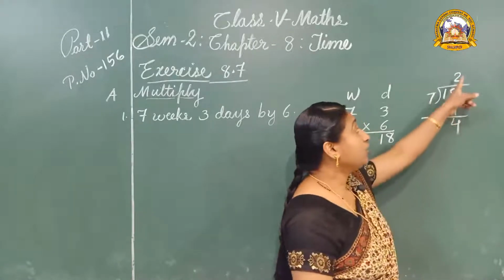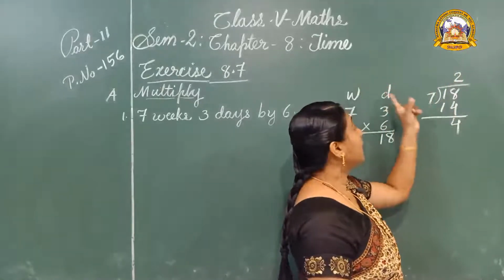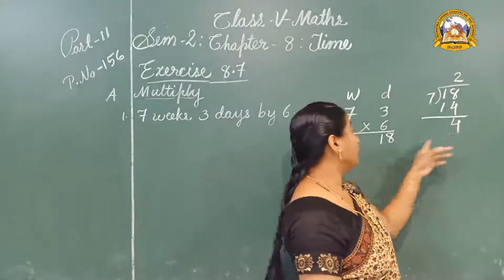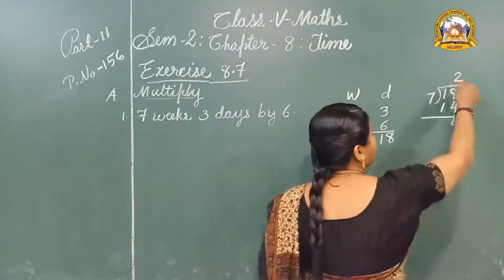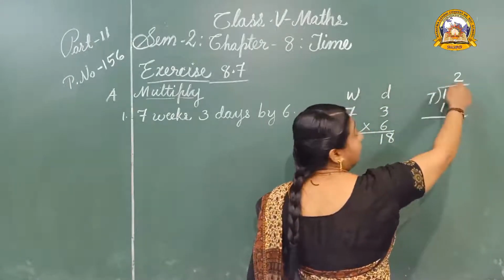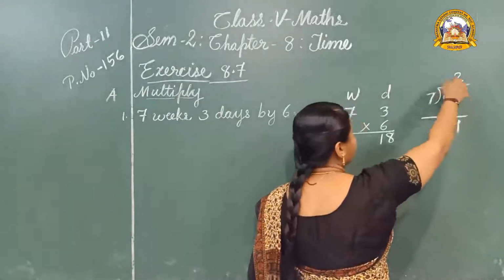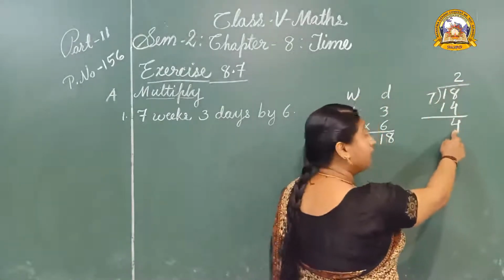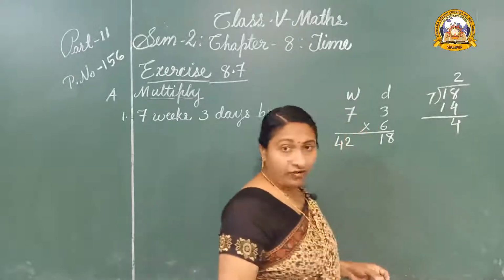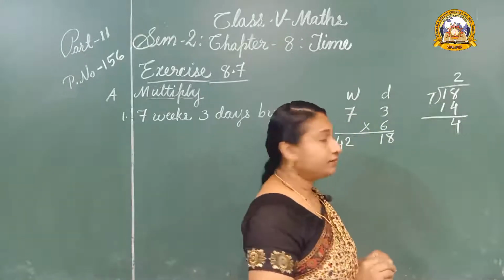Here we can say 2 weeks and 4 days. How can we divide? 2 weeks will go to the next column and only 4 days will remain there.